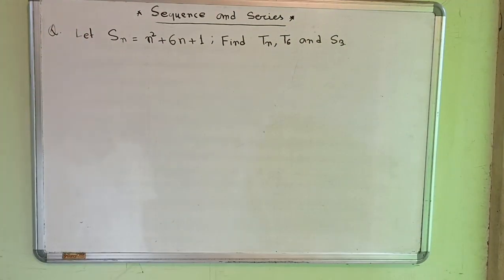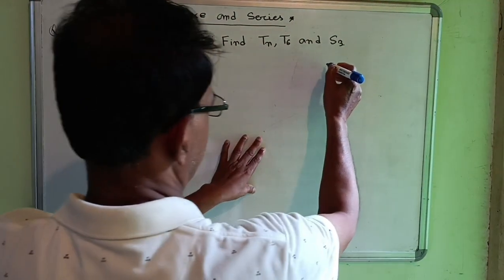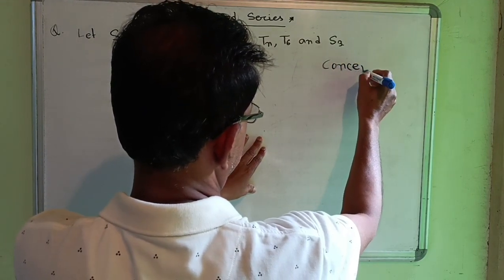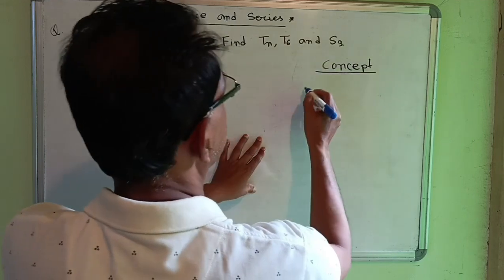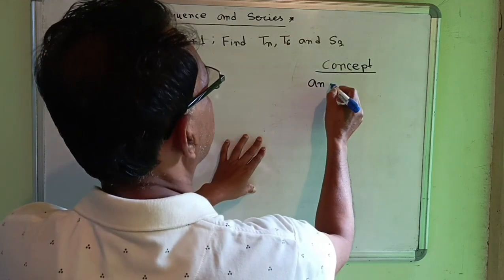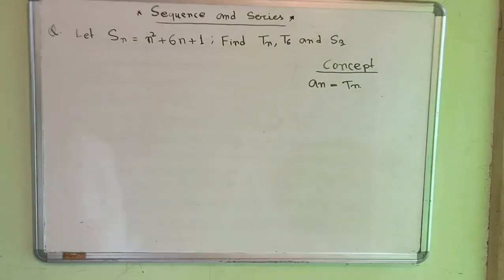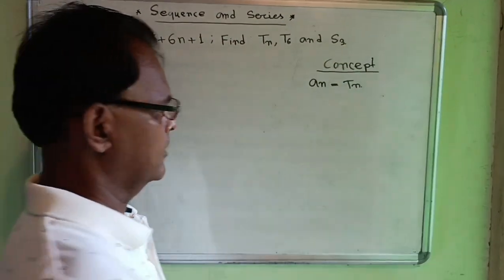Now we have to use one concept here. This concept you already have to know. An, or sometimes this is equal to Tn. That is the nth term, or sometimes it is known as a general term. What is Tn?